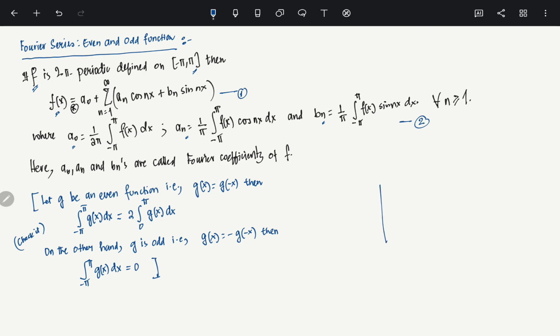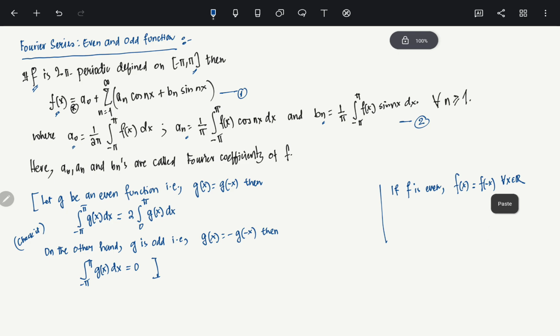Okay, so with these two observations in mind, you see what is happening here. Let's say you have a function f which, for now, let's just assume is an even function. So, small observation: if f is even, then f of x equals f of minus x, and this holds for all x in R. Now if this happens, then let's look at what happens to the coefficient bn.